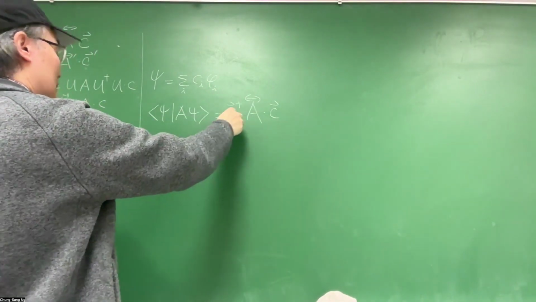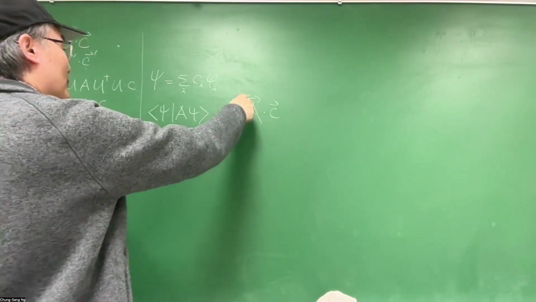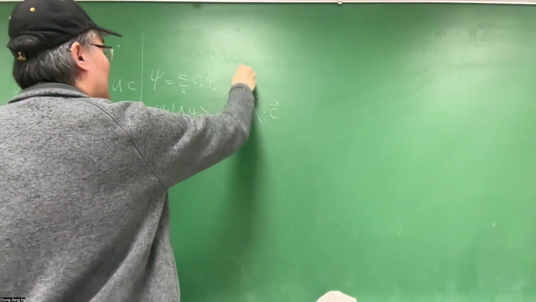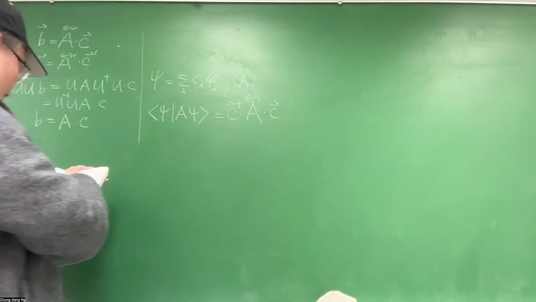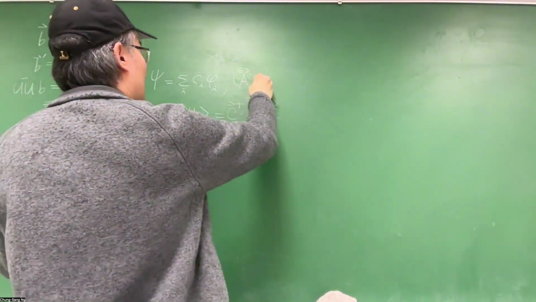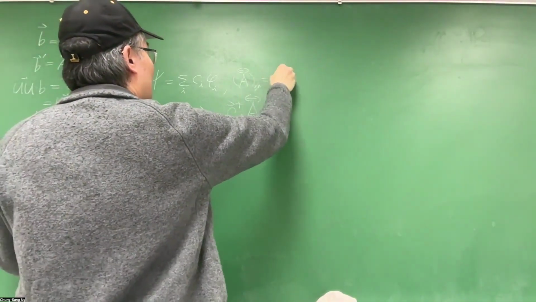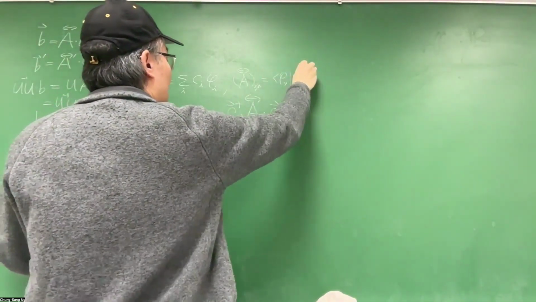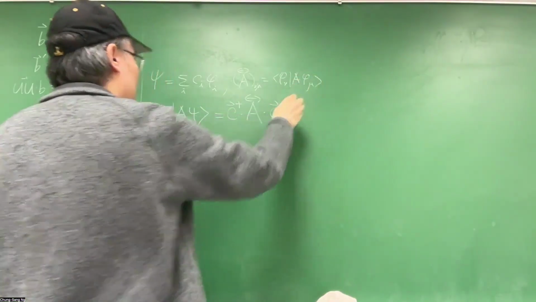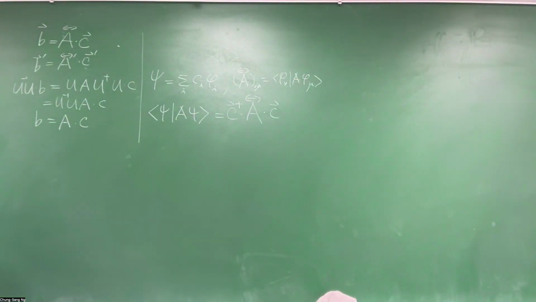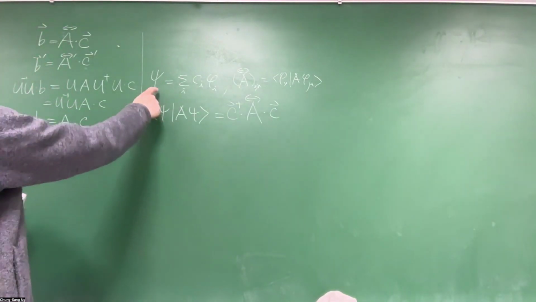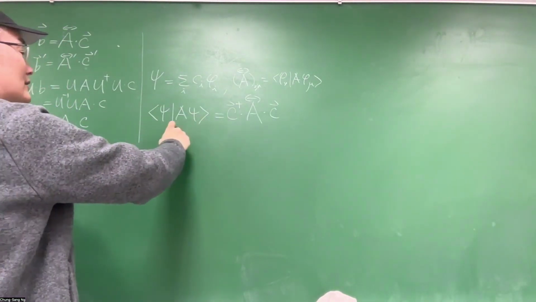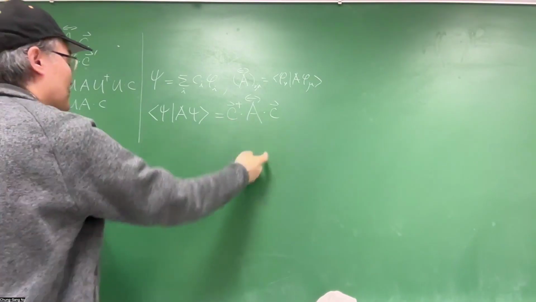So we already mentioned that this matrix A, what we call the mu nu component, is just phi mu A phi nu, right? This is what we defined before. Using this and then the expansion of psi, you can calculate this expectation value, just like a matrix multiplication.